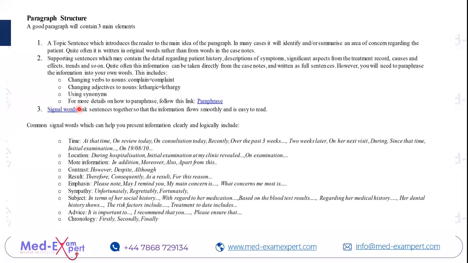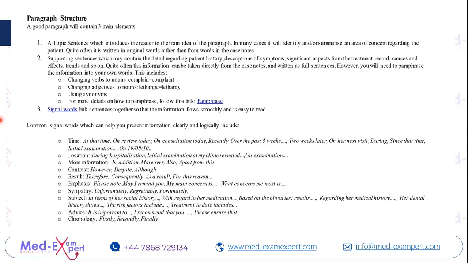So the patient was feeling lethargy. This is something which you can change in your own words. So wherever you can paraphrase it in your own words. Whichever word you can paraphrase, make it in your own words. Okay, instead of writing the same word, use a high level of vocabulary and try to make it in your own words.